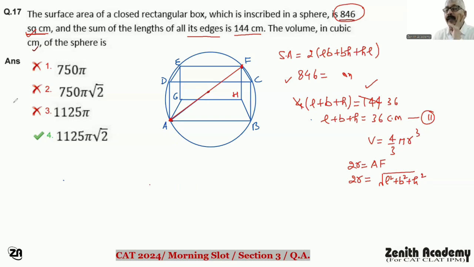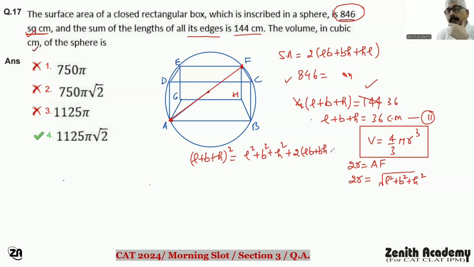So for finding the volume, the formula is V is equal to 4 by 3 pi R cube. It means we need the value of R, and how is R in terms of L, B, H? So simple algebraic equations have been formed in a way. You find (L plus B plus H) square, the formula is pasted: L square plus B square plus H square plus 2(LB plus BH plus HL). This is given 36 square, and this is L square plus B square plus H square plus 2(LB plus BH plus HL).